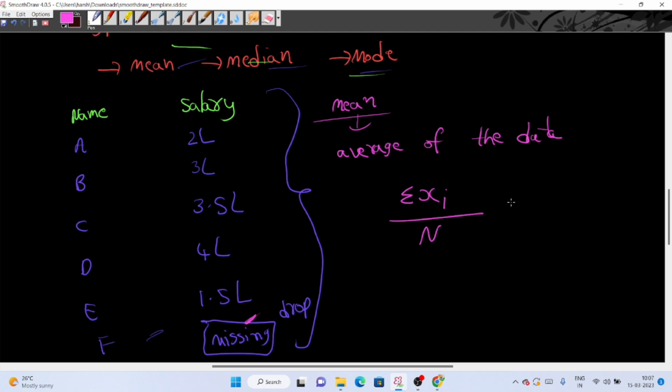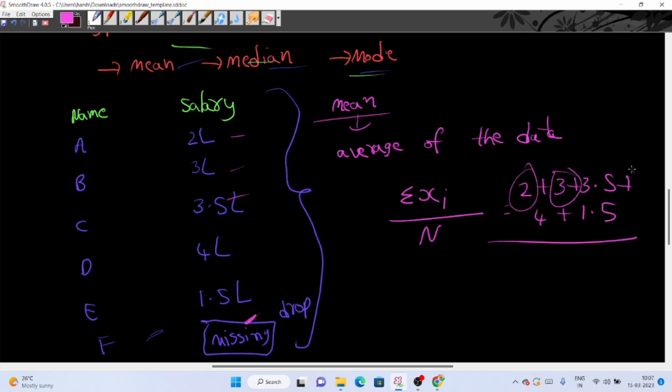So first of all, let us add all the values: 2 plus 3 plus 3.5 plus 4 plus 1.5. So totally we have 1, 2, 3, 4 and then 5 values.